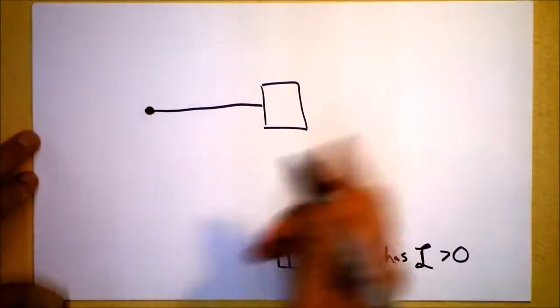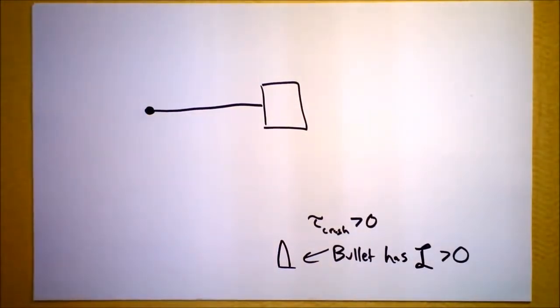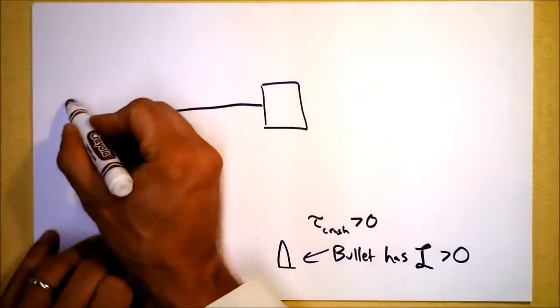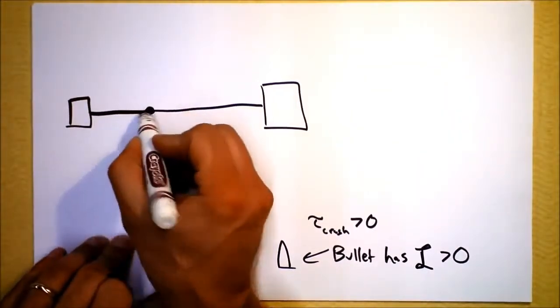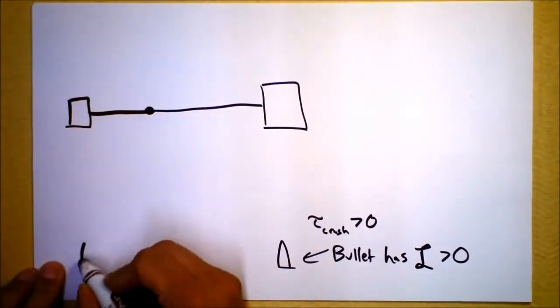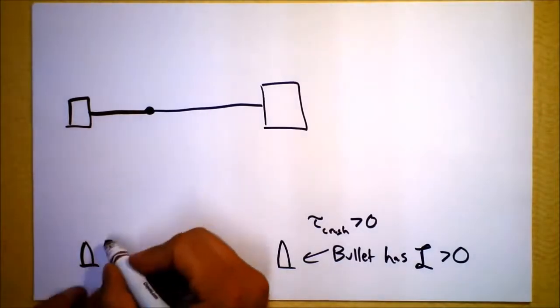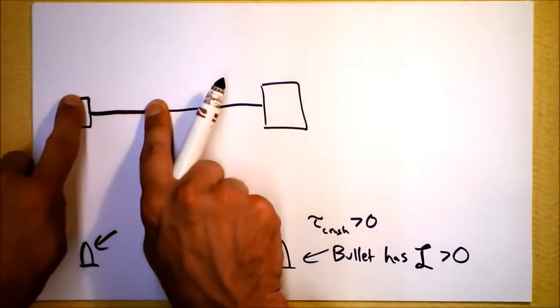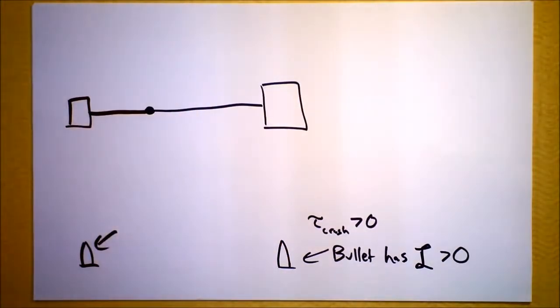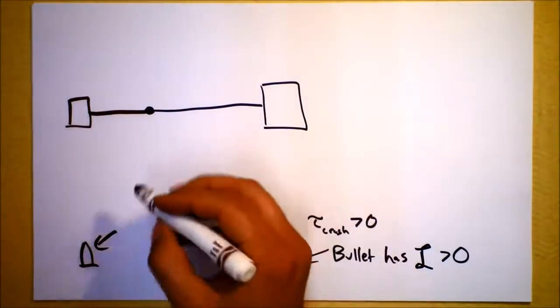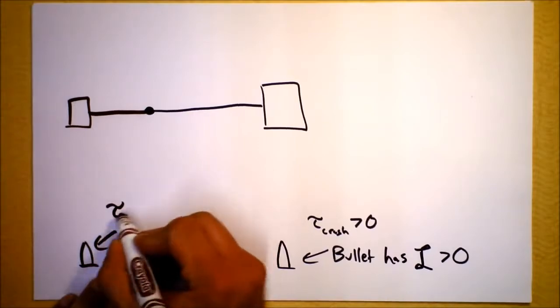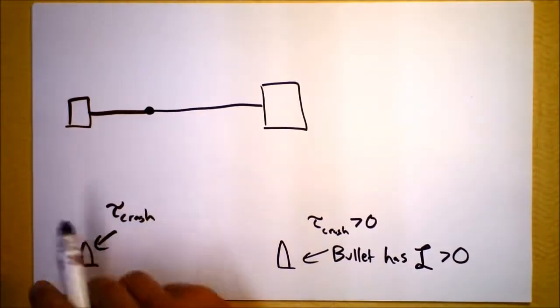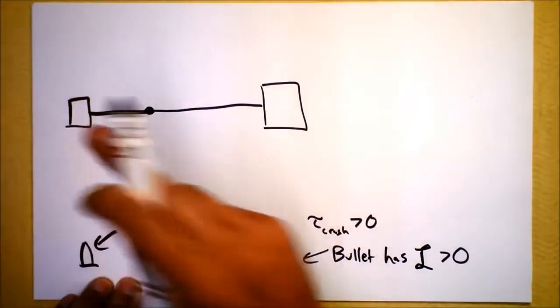But if I had another bullet over here, we'll do this guy in brown, another bullet over here with the same speed, you would agree, if this is still my axis of rotation, this block of wood would get hit. So the torque of the crash is going to cause a clockwise rotation of this block of wood.